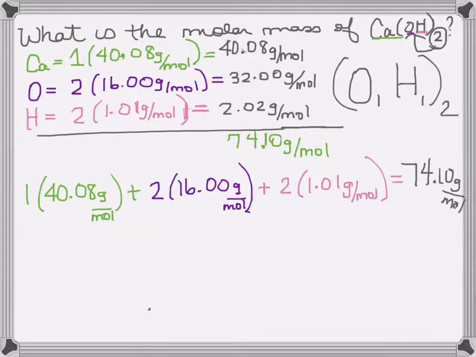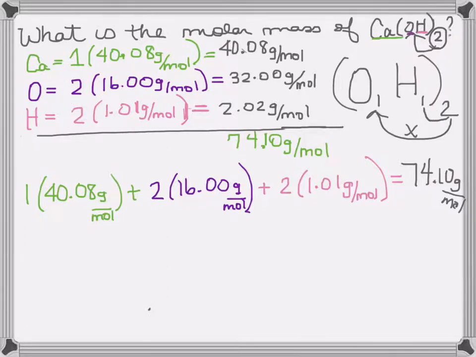So I've got the 2 subscript on the outside, so I'm going to go 2 times 1 gives me a total of 2 atoms of oxygen. And then 2 times 1 gives me 2 atoms of hydrogen. So I've got those written over here on the left side. So there are the 2 atoms of oxygen, here are the 2 atoms of hydrogen.